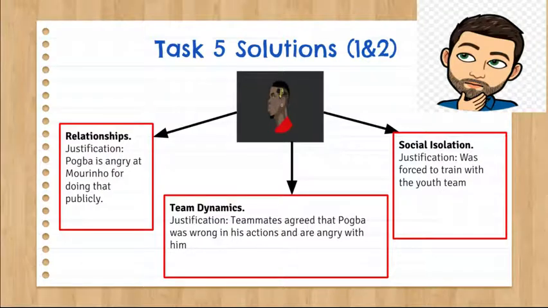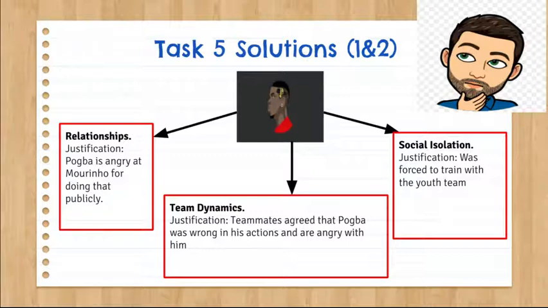And the fact that it was done on the training pitch with the media there and in front of his teammates, I don't think he was best pleased about that. Team dynamics, I mentioned that some of his teammates came out and said that they were frustrated and angry at Pogba. And also social isolation. So social isolation, he was told to go and train with the youth team that day.